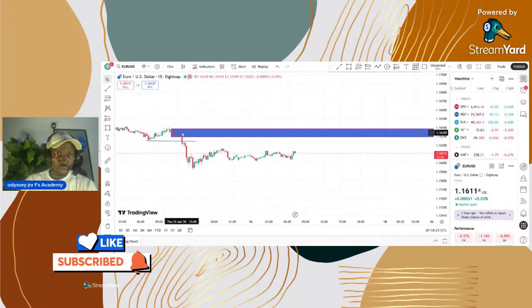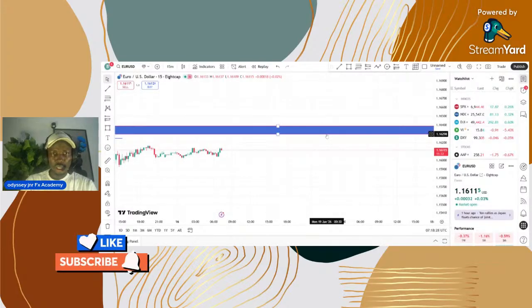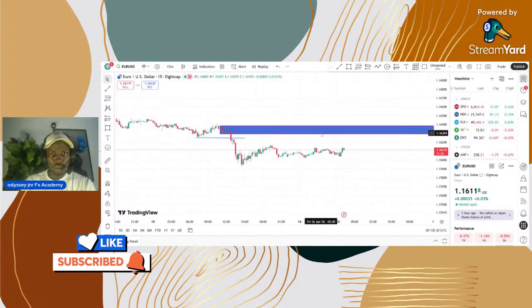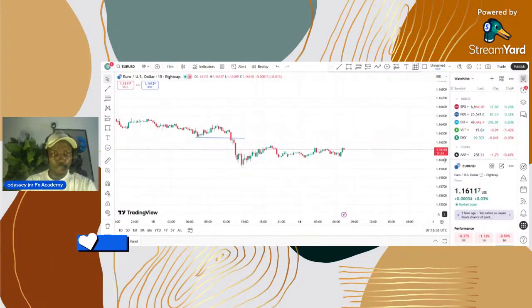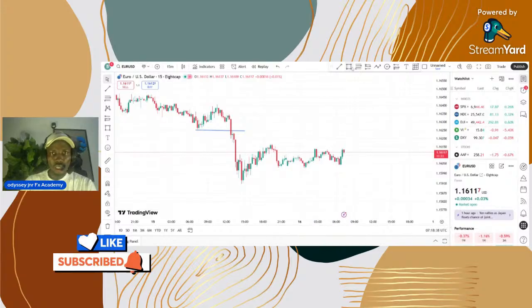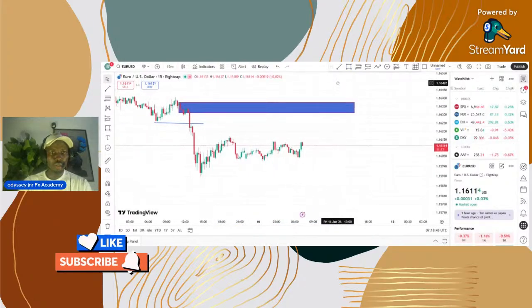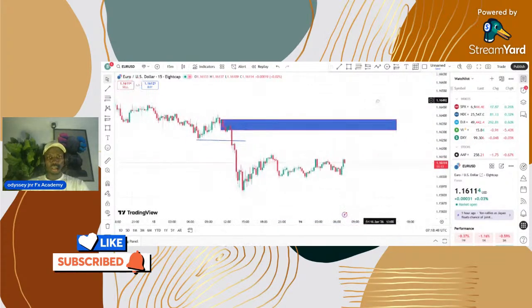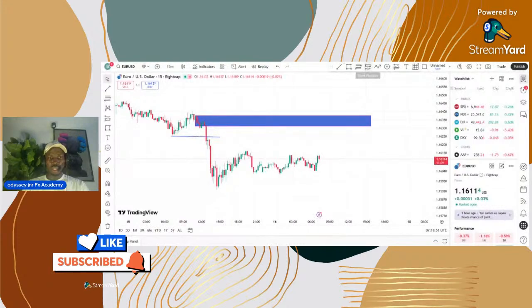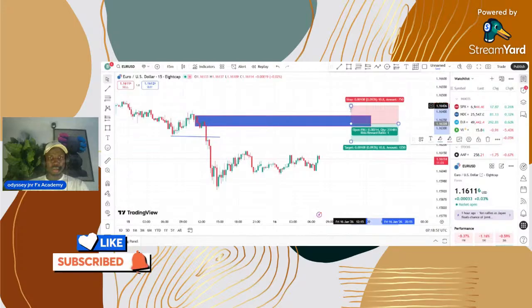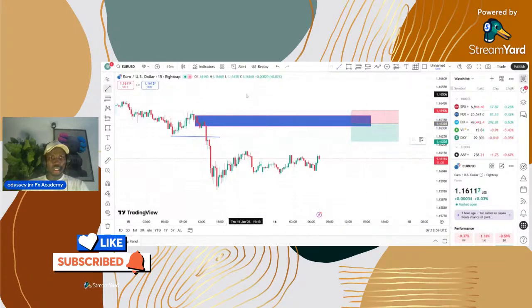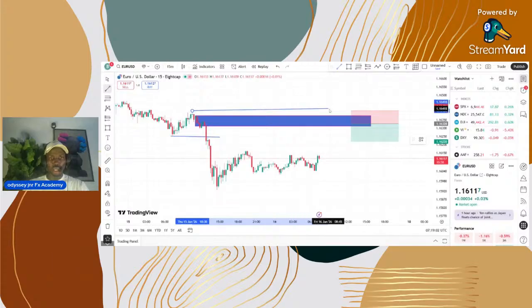I prefer to leave this. Let me take it this way. I prefer to use this as the area of entry. So on the 15 minutes, I'll be entering here. We're going for a short. I'll be targeting this low, and this high should be covered.